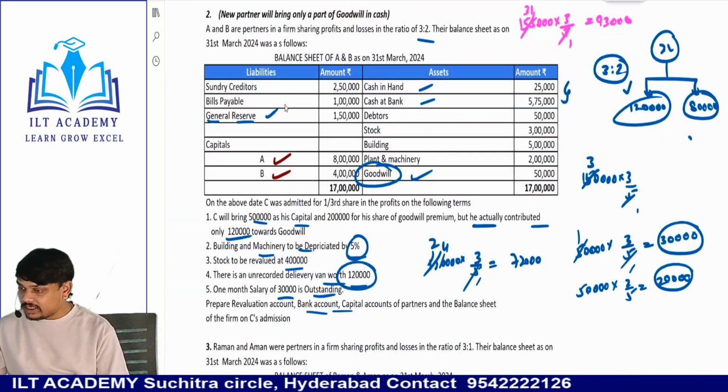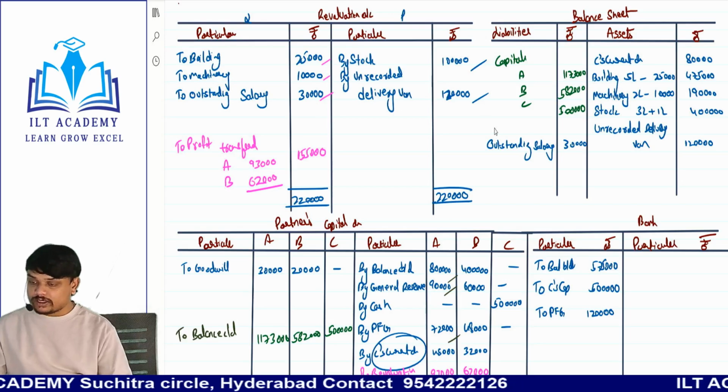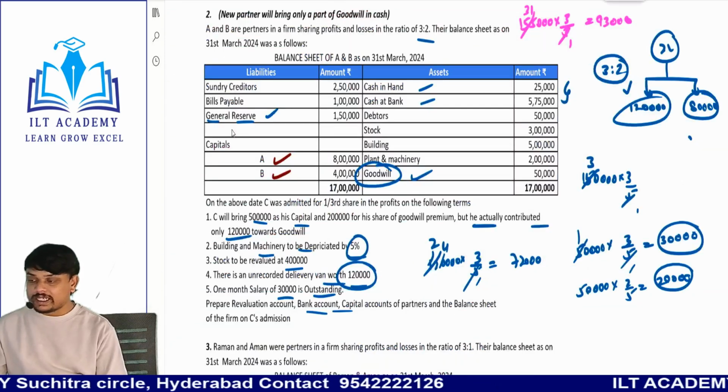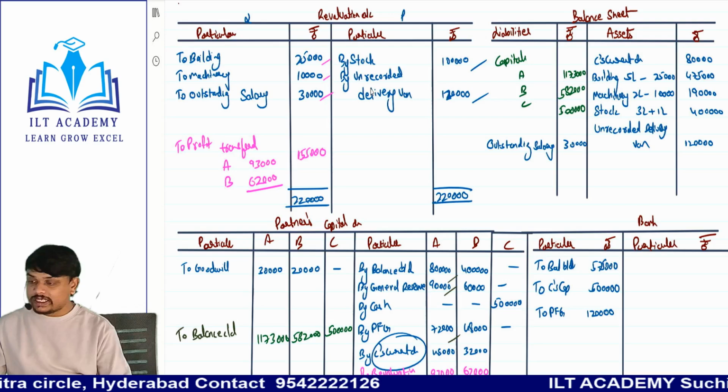Now we are done with creditors 2,50,000. So we need to record the other liabilities. First one comes with creditors 2,50,000.